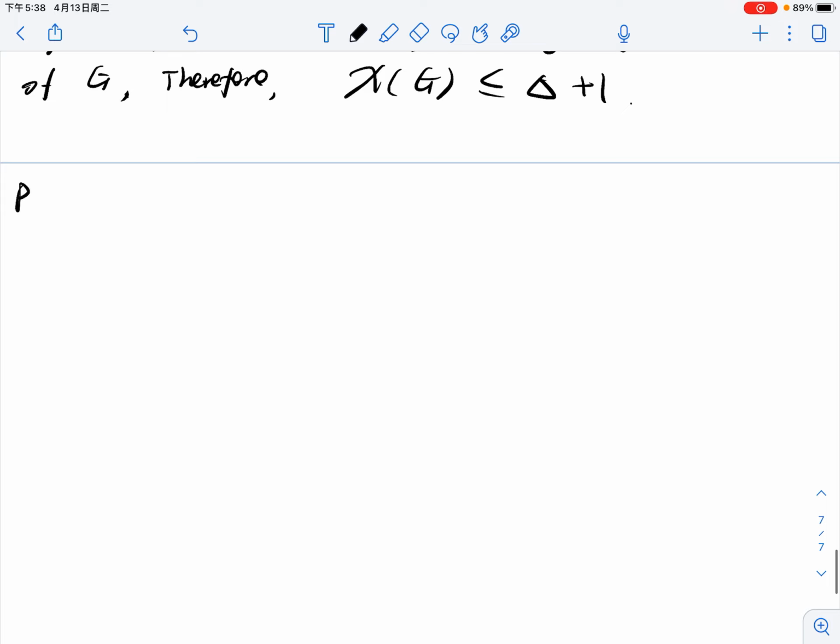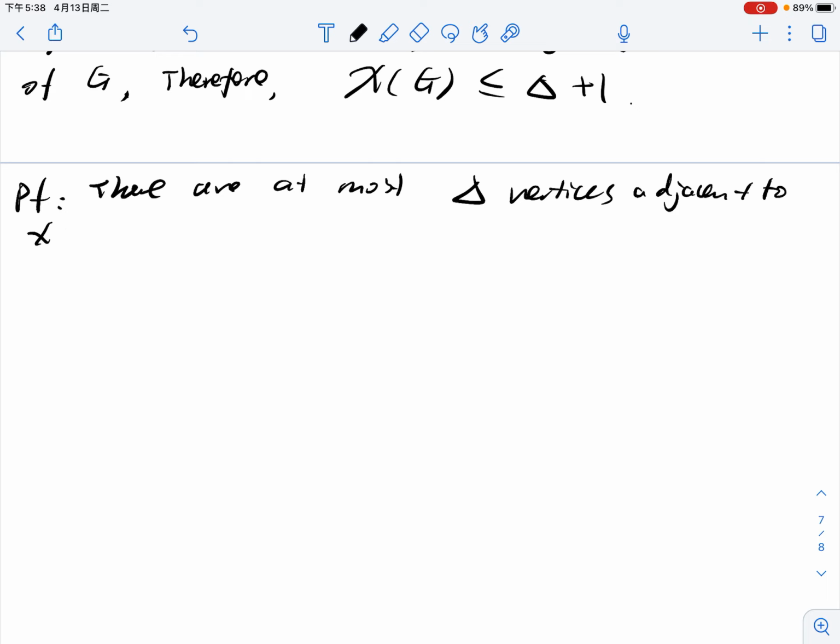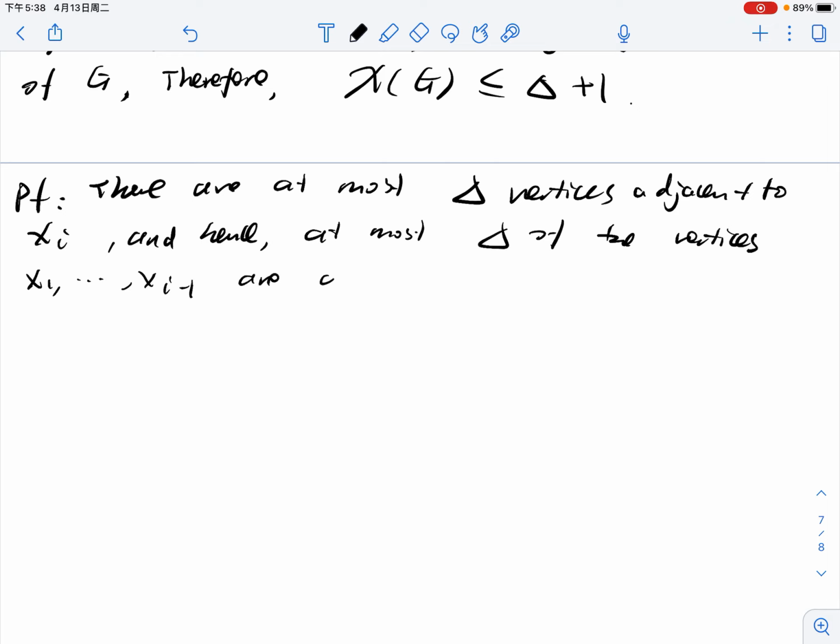So the proof is kind of easy. There are at most delta vertices adjacent to xi, and hence at most delta of the vertices x1, ..., x(i-1) are adjacent to xi, no matter how large i is.